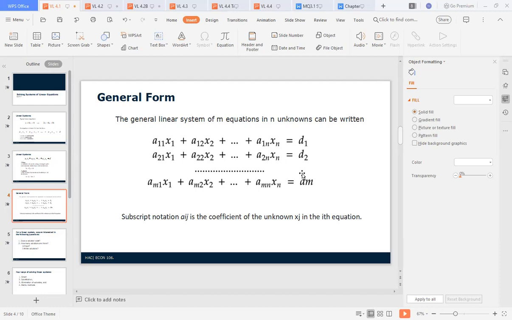There are around four: the supply and demand functions of one good, and the demand and supply functions for the other good. In that case, it resulted in around 12 parameters. Now, again, class, this is more the general form of the linear system with m equations and n unknowns, and it can be written this way.